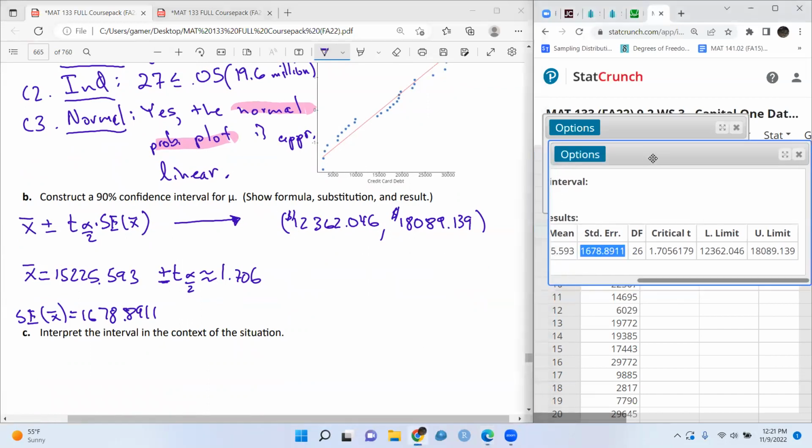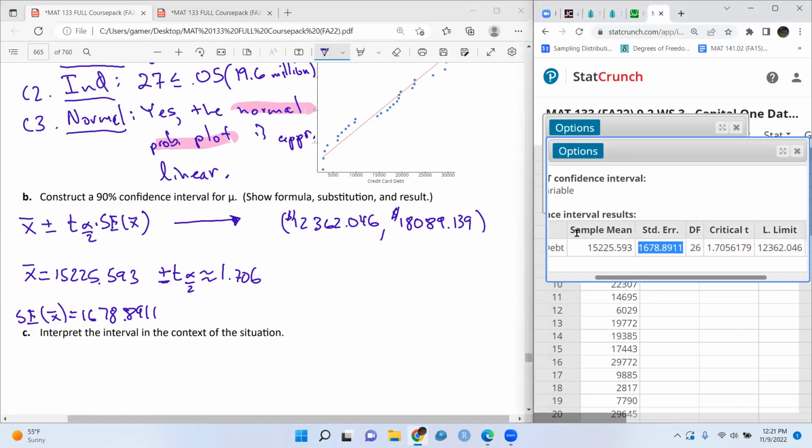Yes. Okay. They're just the numbers from StatCrunch. So sample mean is the X bar, which is the point estimate in the formula. The SE X bar is the standard error of the sample means. And then the T critical value is the critical T value.